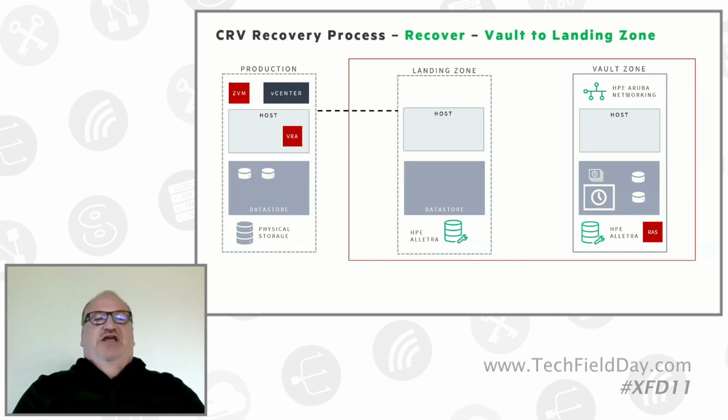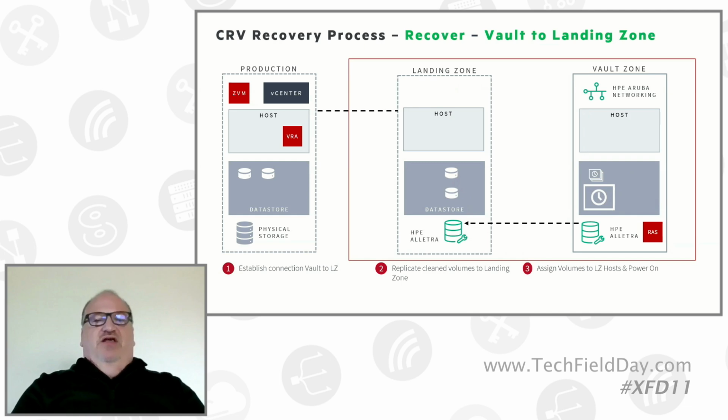So let me take you through this recovery process. At this point, there's been a team that has reinstalled ESX and cleaned up production, cleaned up the landing zone. As you can see, all they've installed in production at this point is the Zerto Virtual Manager, virtual replication appliances, and a vCenter. So the first thing we're going to do is establish that connection between the storage, and we're going to replicate the volumes back over to the landing zone.